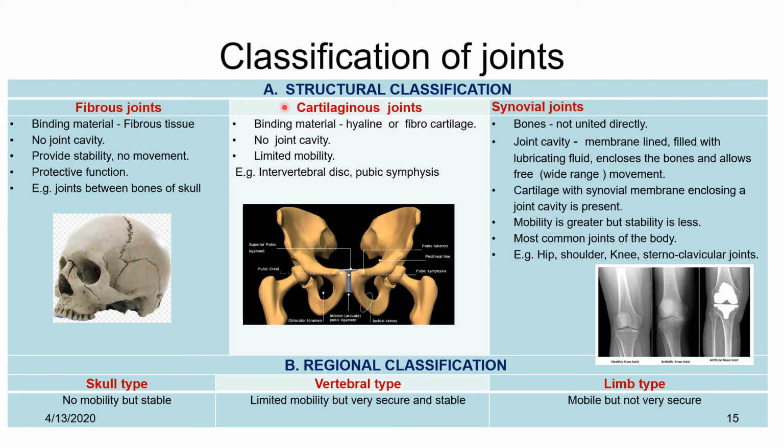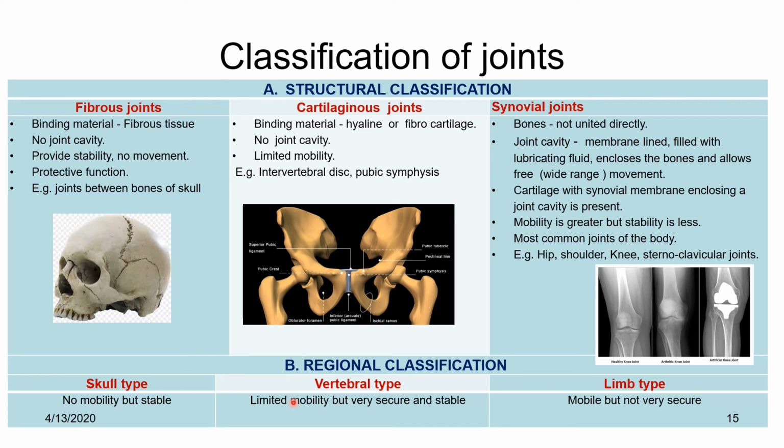So this is about the structural classification. Coming to the regional classification, skull type has no mobility but is stable. So the fibrous joints are of skull type.